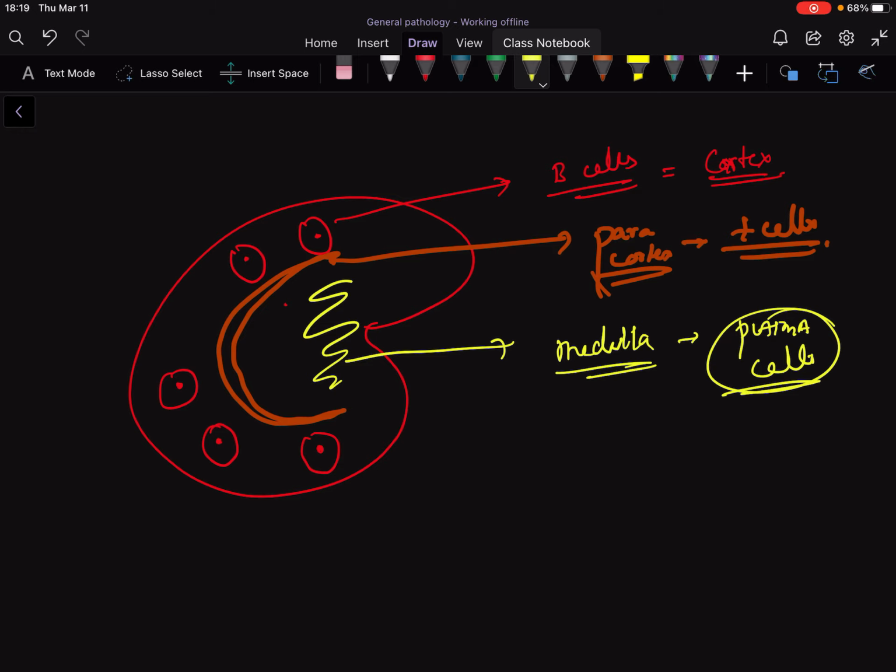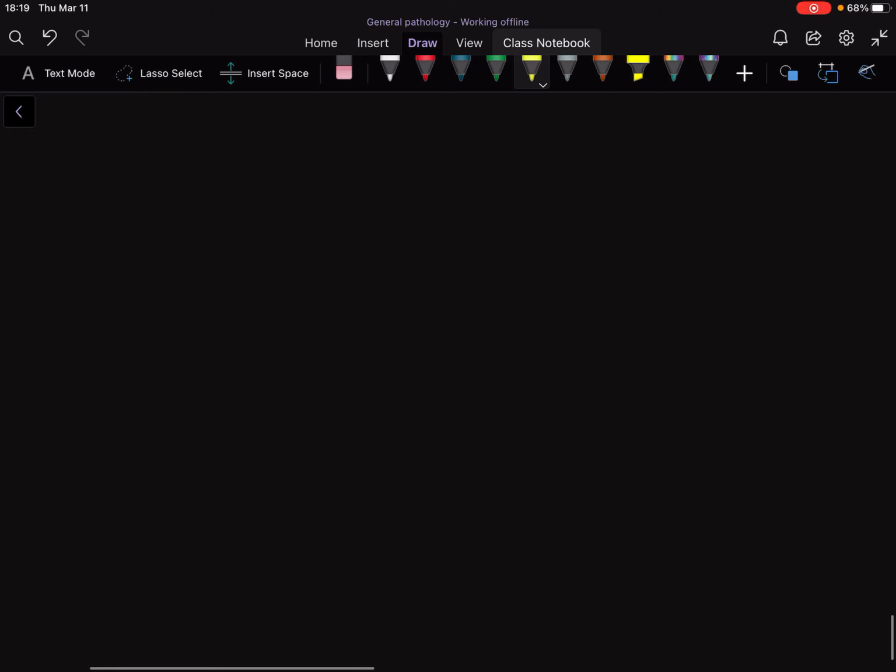So that was about the secondary lymphoid organs. Next we will see what is meant by lymphocyte circulation.